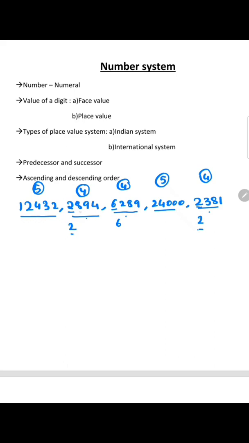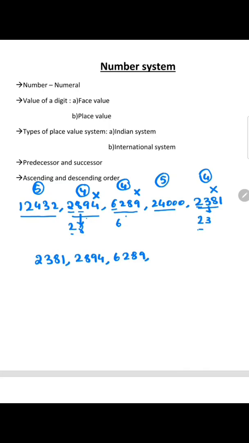We should go for the second place, that is the hundreds place. Here I have 8 in the hundreds place. Here I have 3. So first I am going to take 2381. The second one that I am going to take is 2894. The third one I am going to take is this one, 6289.